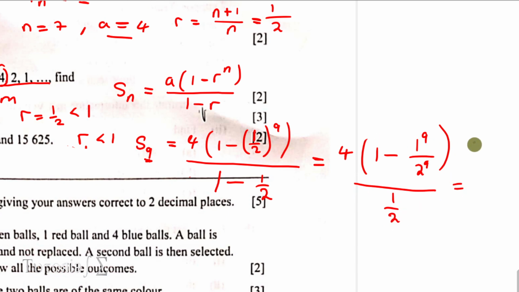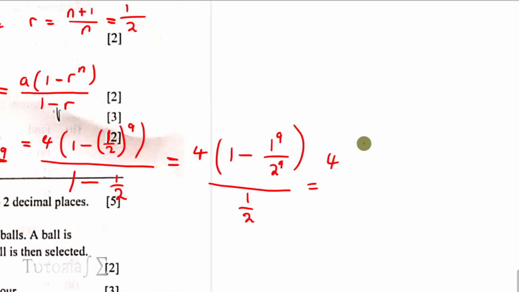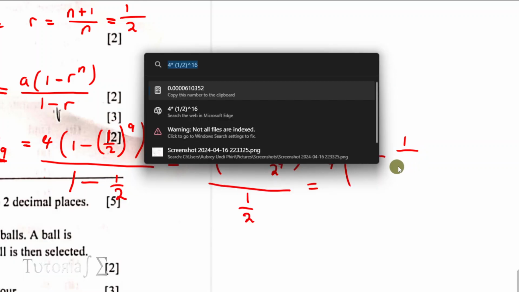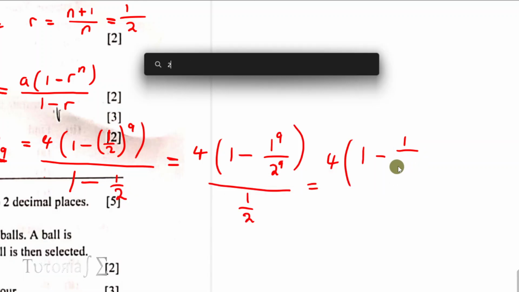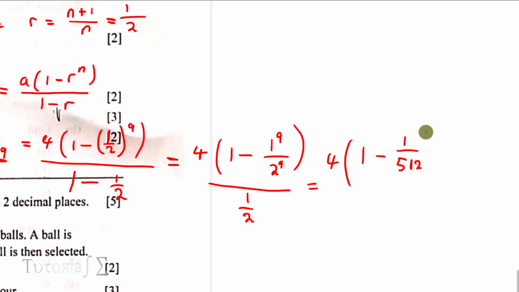Then we can simplify this as 4 times 1 minus, 1 raised to any power is just 1, over 2 raised to the power 9. Let me just do it here: 2 raised to the power 9 is 512.